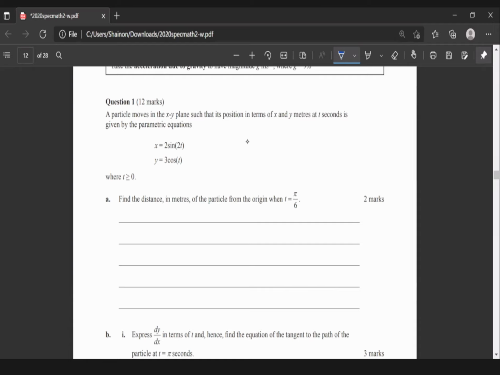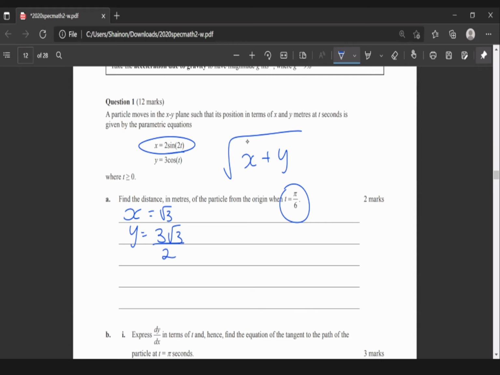Find the distance in meters of the particle from the origin. So what we do is just find the mod of x and y when t equals pi by 6. So when t equals pi by 6, for the x component, x is going to be root 3, and y is going to be over 2.